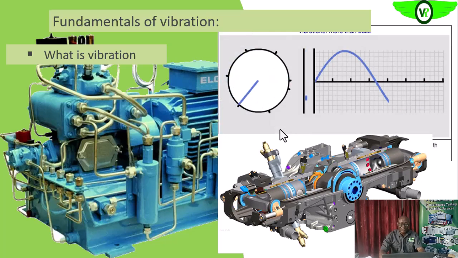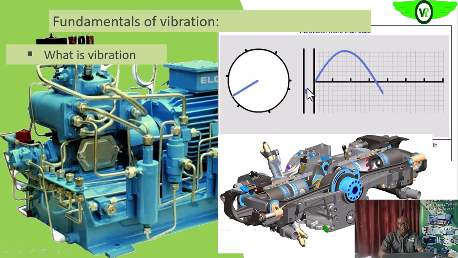So now, vibration, as you well know, is the movement, okay, to and fro movement of a particle about a main position, as you can see on your screen. So if this is the particle under consideration, okay, the to and fro movement of that particle about this main position is the vibration of that particle.